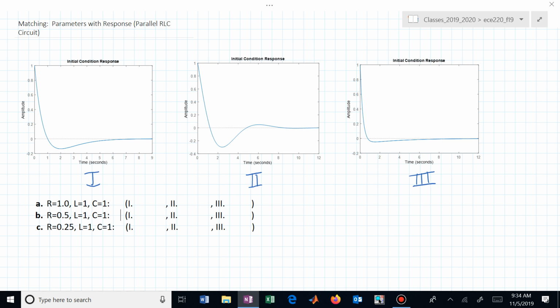What I'm going to do, I may have to put some visual aids on, is look at fingers. I'm going to say for parameter set A, do you think it's 1, 2, or 3? And you're going to show me which of those graphs you think it is when I count to 3.